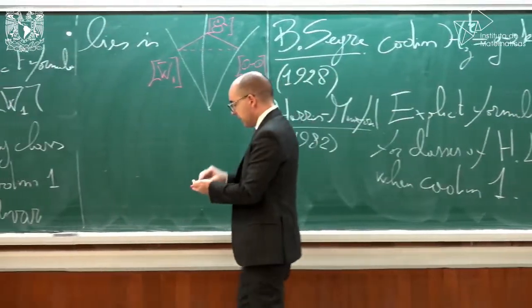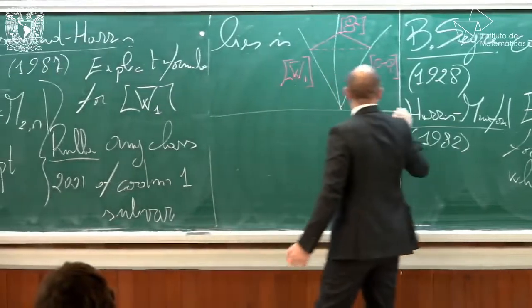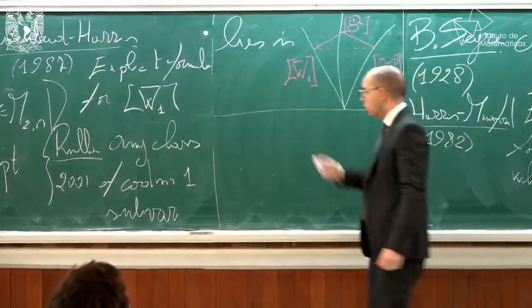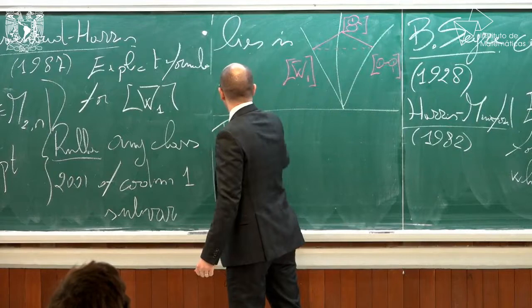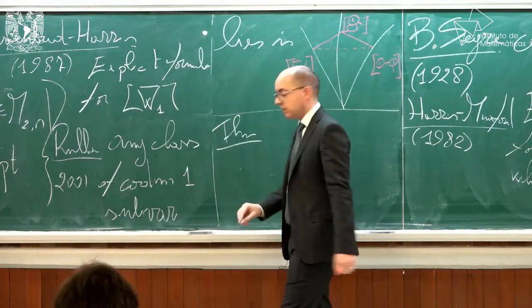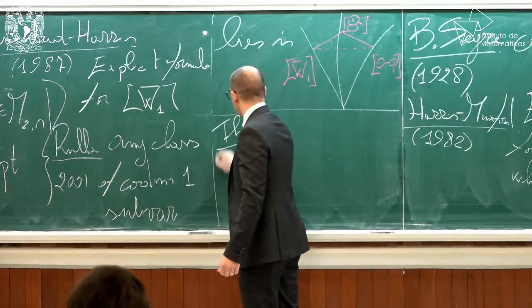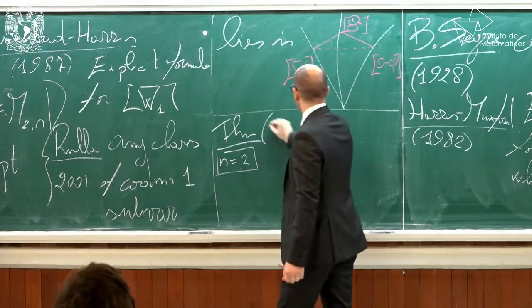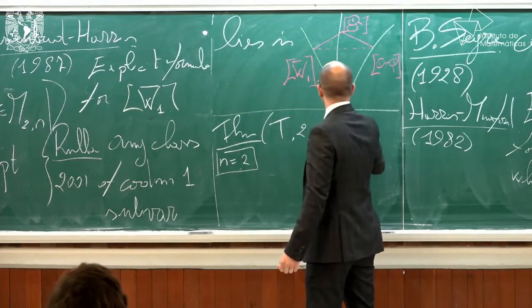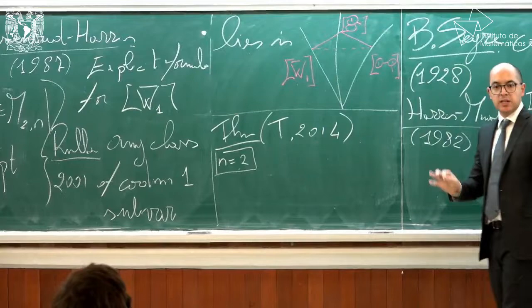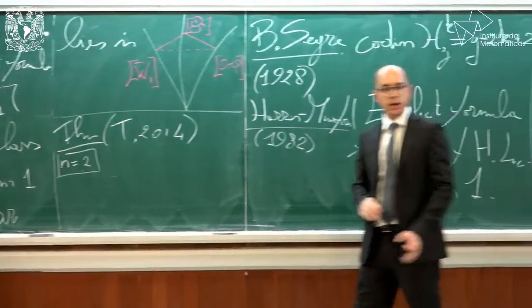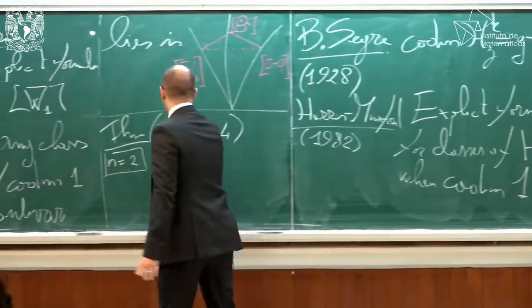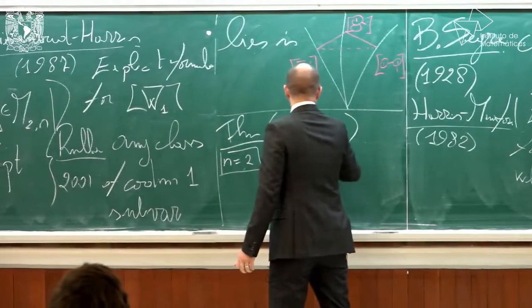So it makes sense to start going higher in codimension. And so I started here looking at the first non-trivial case, which is the case when n is equal to 2. And this was 2014. I produced an explicit formula for this class. Okay? Again, I will not write down the formula. It will take me about 5 minutes.